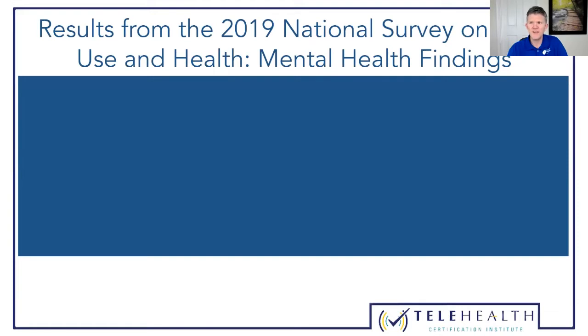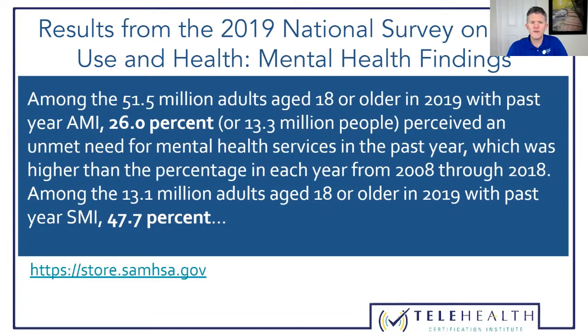Now, in terms of the need, the government every year does this study, and it's looking at the mental health needs in our country. So it takes a while for them to put the data together. So we have the results from 2019. And what it says here is that adults with any mental health illness felt as though they did not receive the mental health care that they needed in that year.